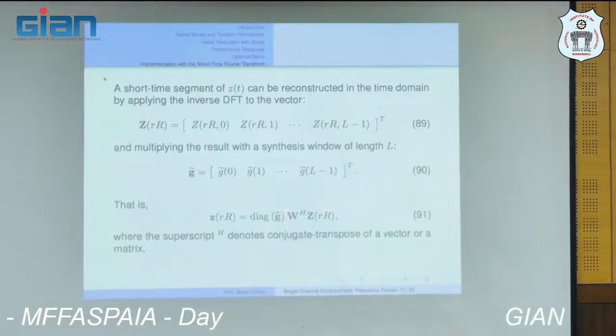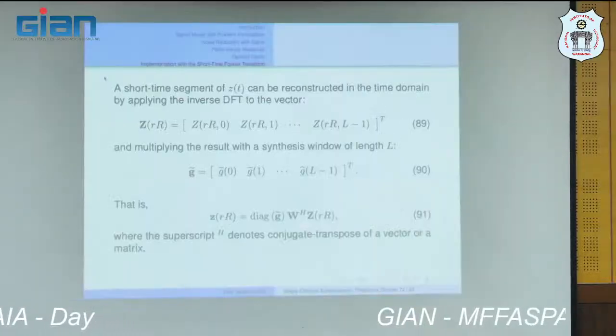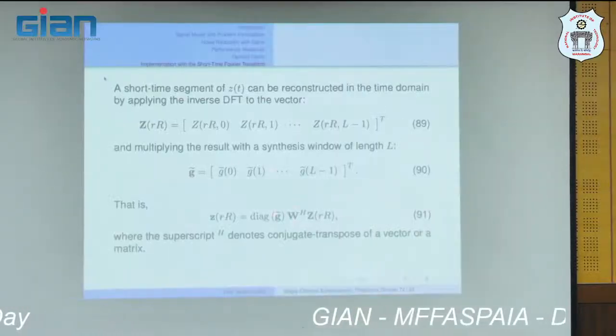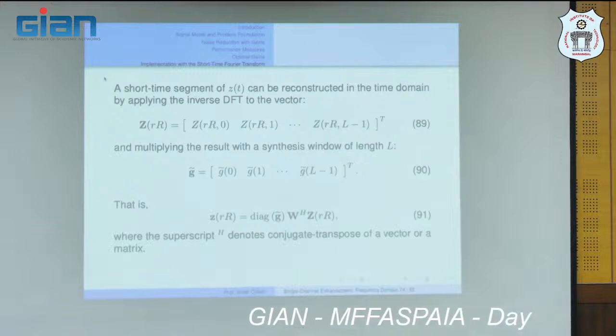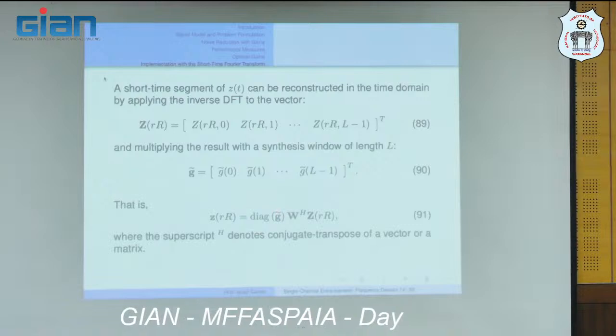This is the inverse Fourier transform matrix. And of course, I remind you, we don't actually multiply with this matrix. We have fast algorithms for the inverse Fourier transform.